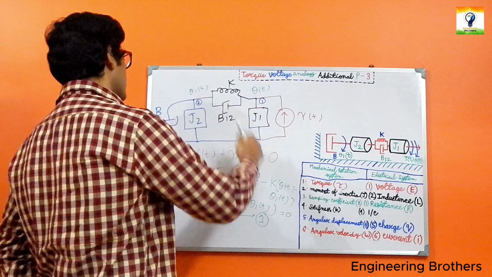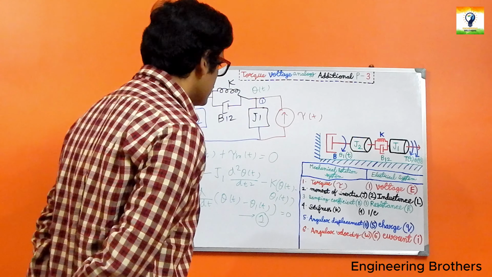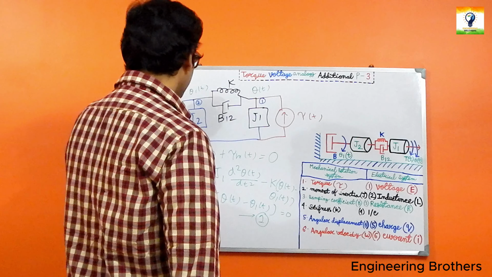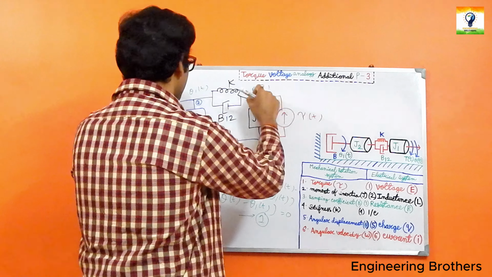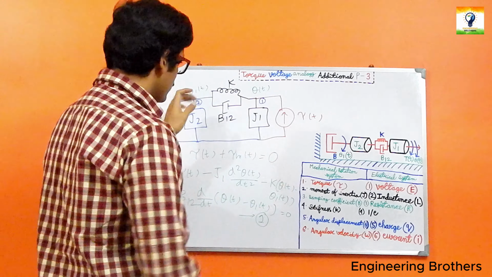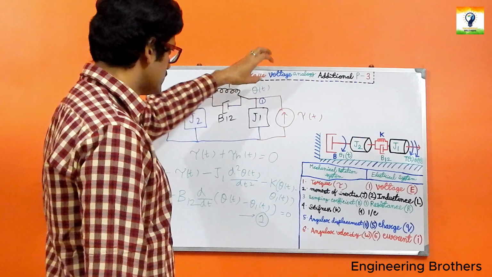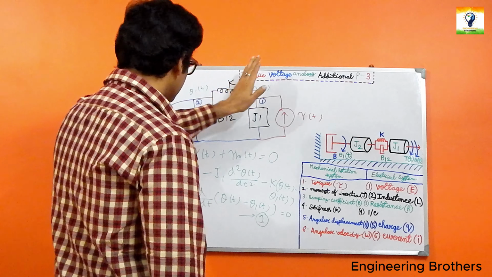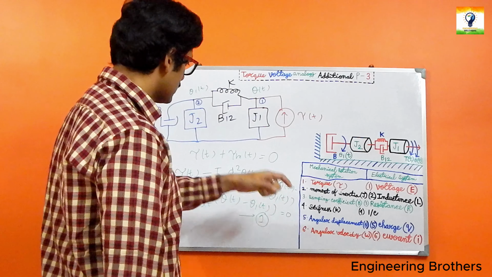And why do I consider the resultant displacement? As you can see, the k element is present between theta 1 and theta t, so quite naturally, as we are taking 1 as our reference, that is theta t minus theta 1t.